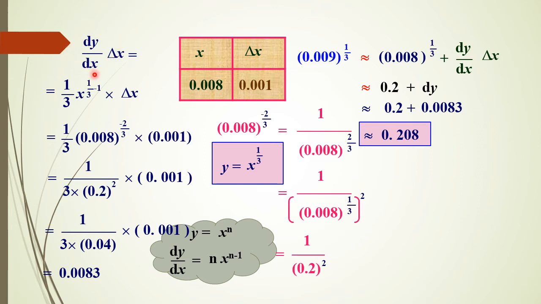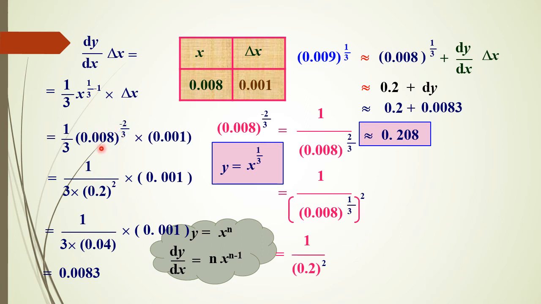After differentiating this term you'll be getting 1 by 3 into x to the power 1 by 3 minus 1, which can be written as x to the power of minus 2 by 3.